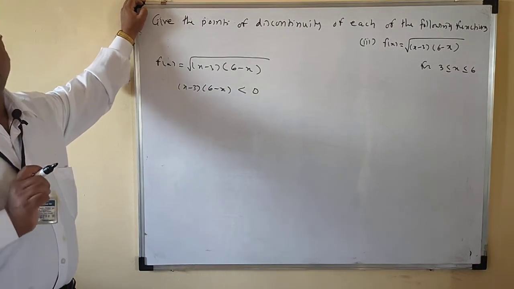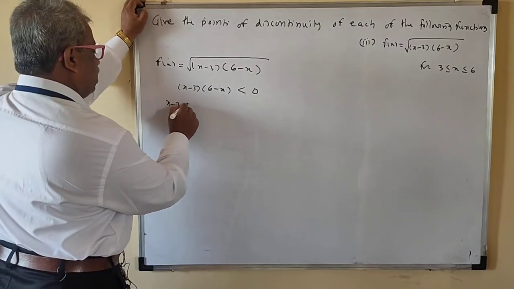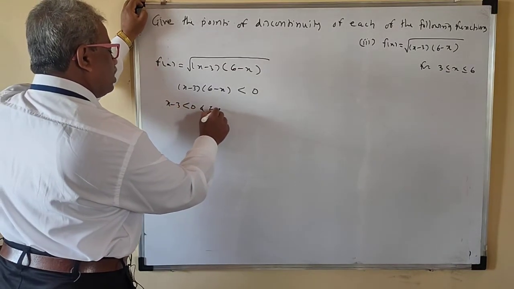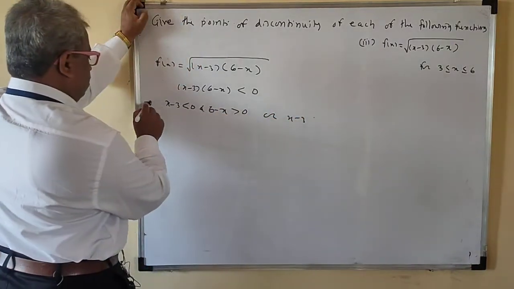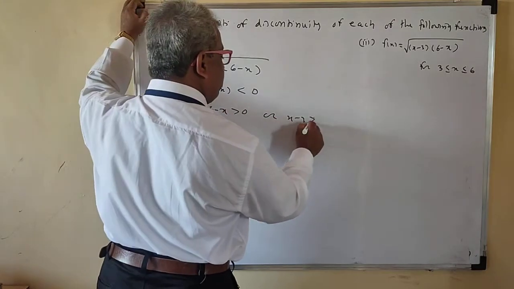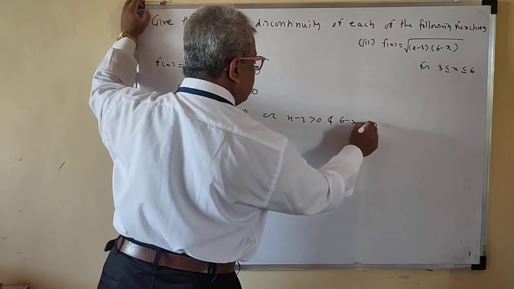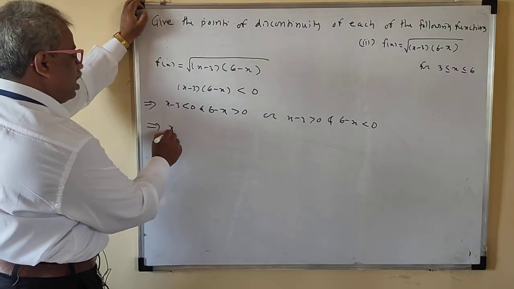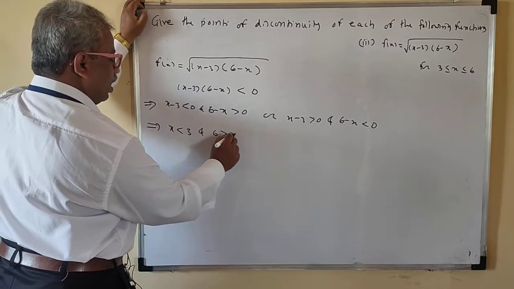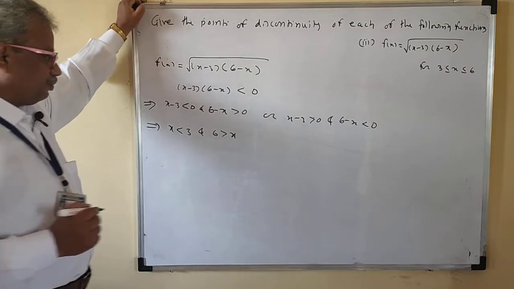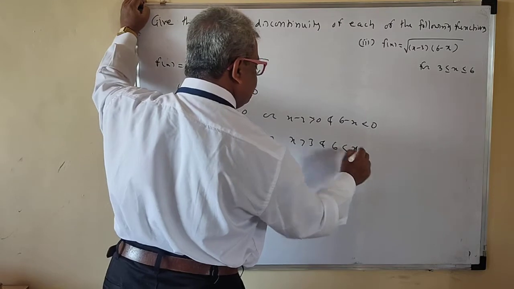Now the product is less than 0, that means one of the numbers is positive and one of them is negative. So x minus 3 is less than 0 and 6 minus x is greater than 0, or x minus 3 is greater than 0 and 6 minus x is less than 0.